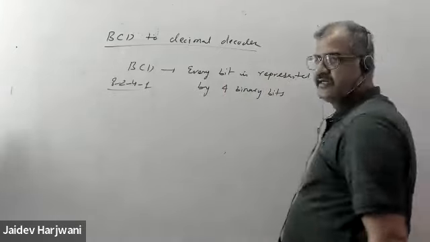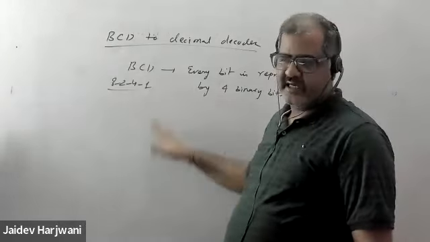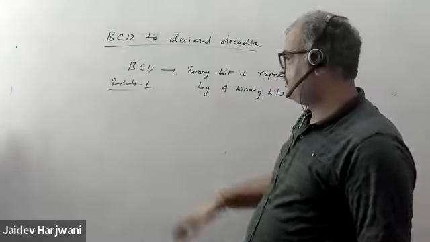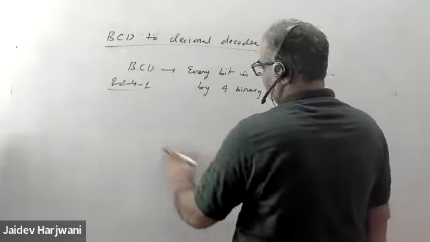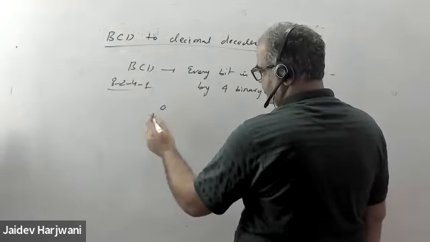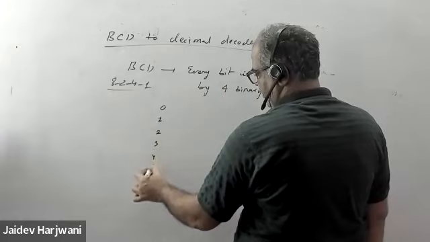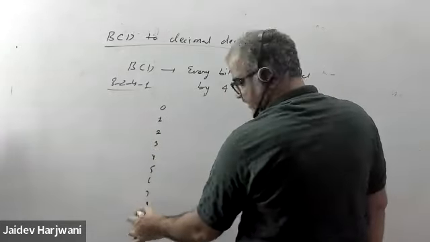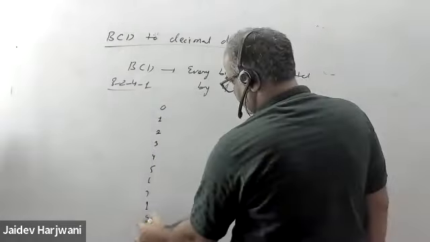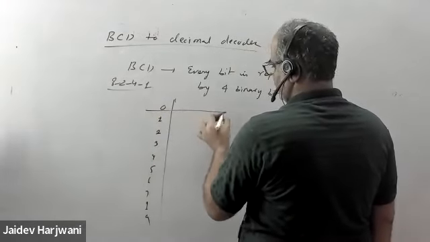But here the difference is that in the hexadecimal system you have 16 symbols, while here you have only 10 different symbols, 0 to 9: 0 1 2 3 4 5 6 7 8 and 9. So you have to write the number in the form of decimal.